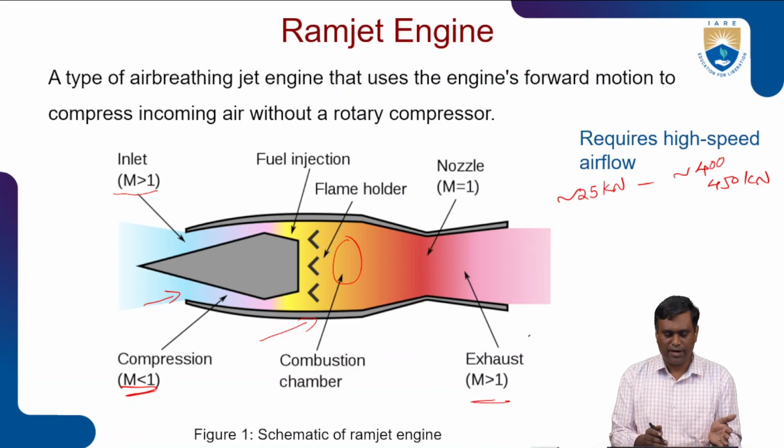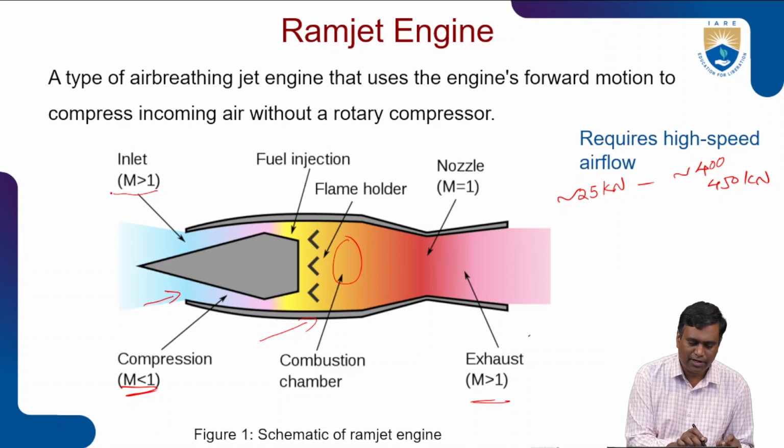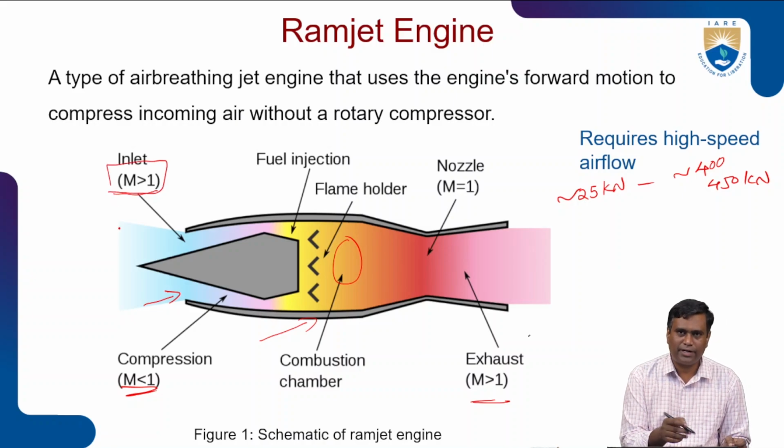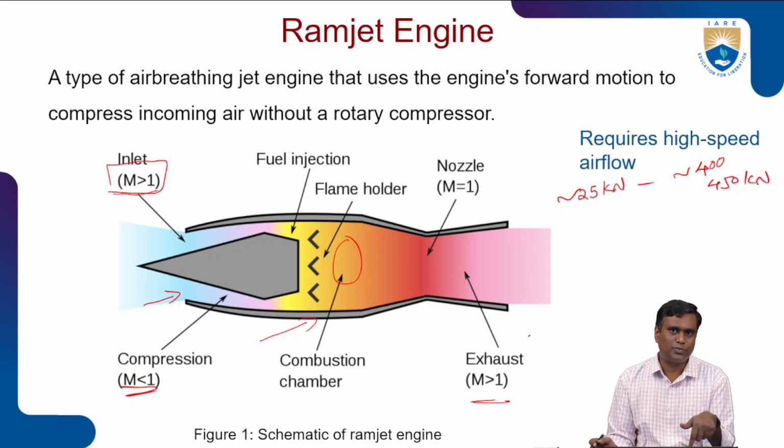The working principle is clear. So, inlet. The first point is that high velocity or high speed air inlet is required, for which it requires some assistance. So usually ramjet engines are launched from some other aircraft, because only when the inlet air gets to Mach greater than 1, supersonic speeds or close to supersonic speeds, does this engine start working.